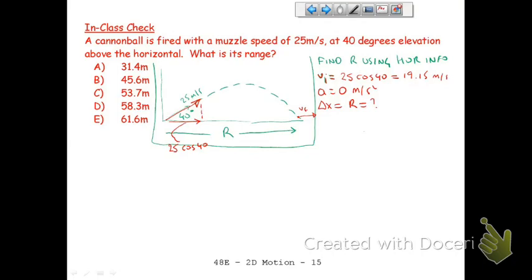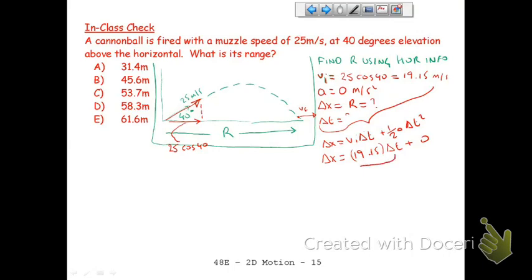So we come along and we say, well, okay, delta T is what I need. And I say, well, what will go together with that? I'm going to say delta X is equal to VI delta T plus 1/2 A delta T squared. Not so bad because that A is going to go away. So delta X is equal to 19.15 times delta T plus 0.